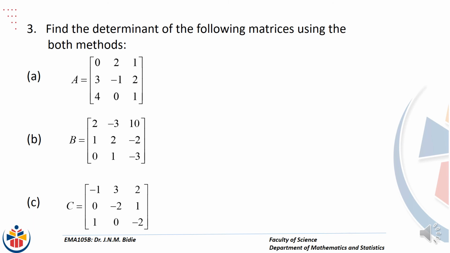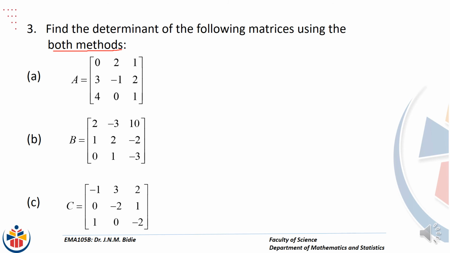Now, as an exercise, find the determinant of matrices A, B, and C using both methods. That means using minors and cofactors, as well as the one where you duplicate the columns.